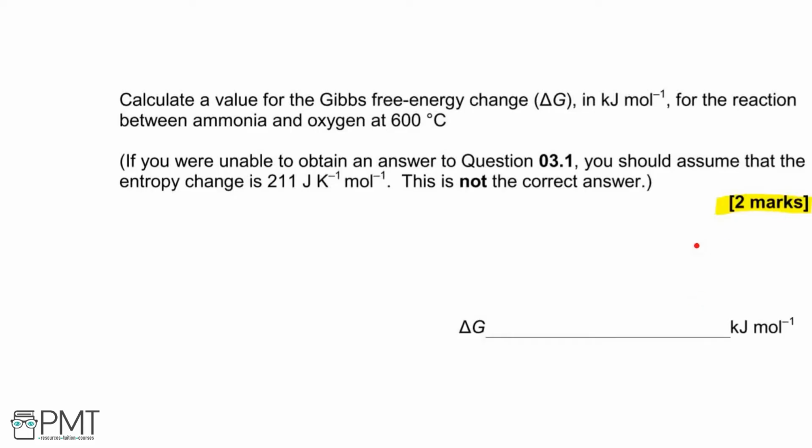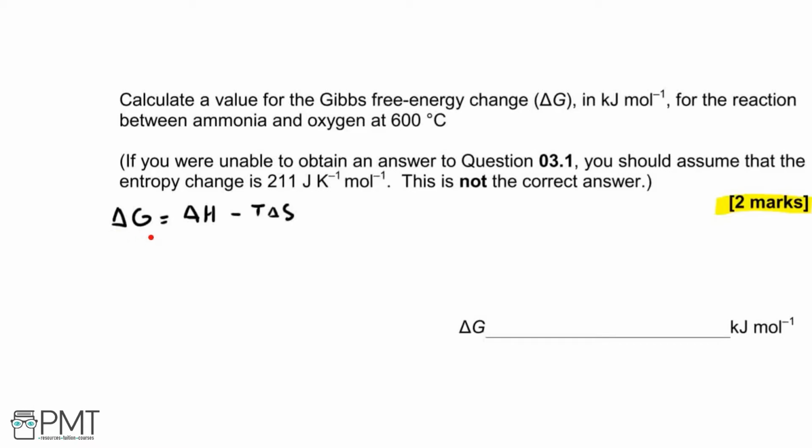In order to solve this question, the first thing we need to understand is the equation for how we calculate the Gibbs free energy change, delta G. The equation is delta G is equal to delta H, the enthalpy change, minus T, the temperature, multiplied by delta S, the entropy change.